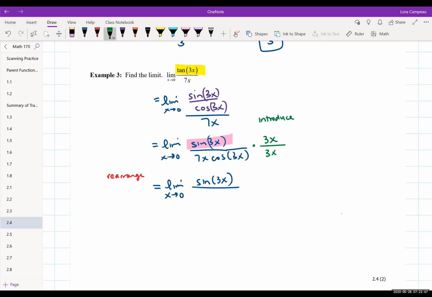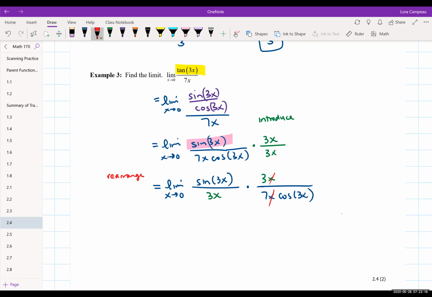I'm going to take the 3x I introduced from the denominator. The other thing I'd like to rewrite, there was a 3x in the numerator that I introduced. And in the denominator, we had a 7x cosine of 3x. So now I can play around and say, well, I know the x's divide out.